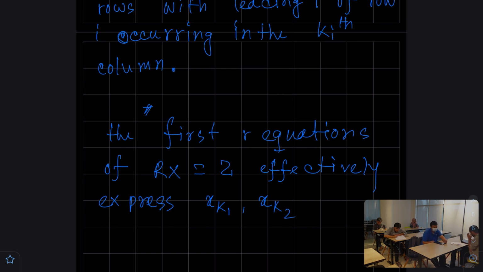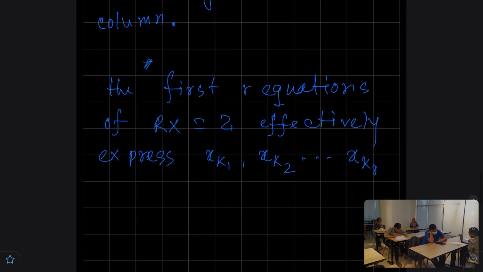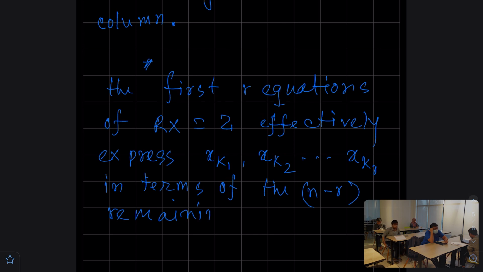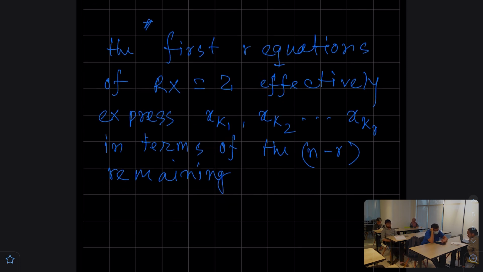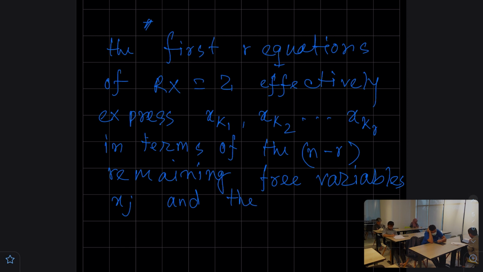So I can effectively express xk1, xk2, dot dot, xkr in terms of the n minus r remaining free variables xj and the scalars z1 dot dot zr, right?